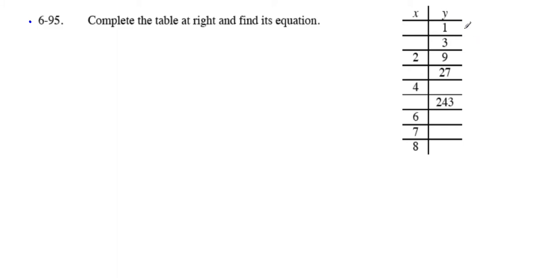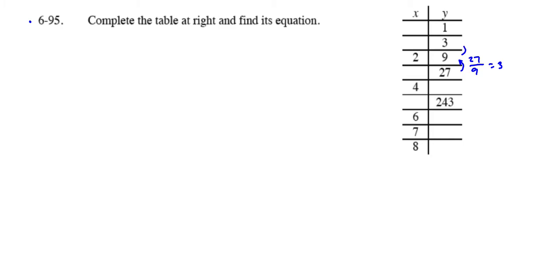Well, as we look here, as it grows, it's growing by 2, and then it's growing by 6, and then by 18, and so on. So we know it's definitely not arithmetic. There's no common difference between them. If I do 27 divided by 9, the number before it, I get 3.